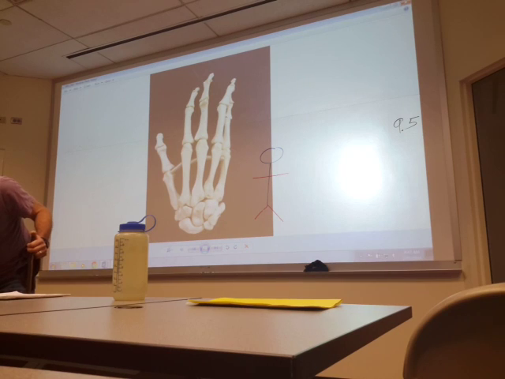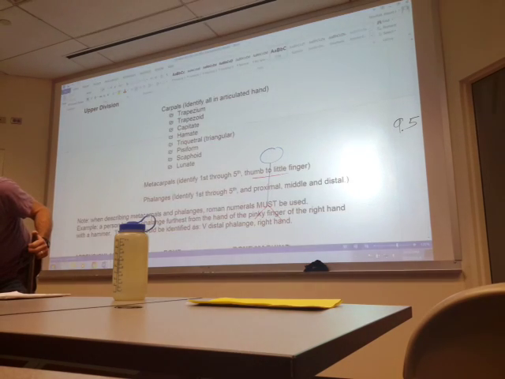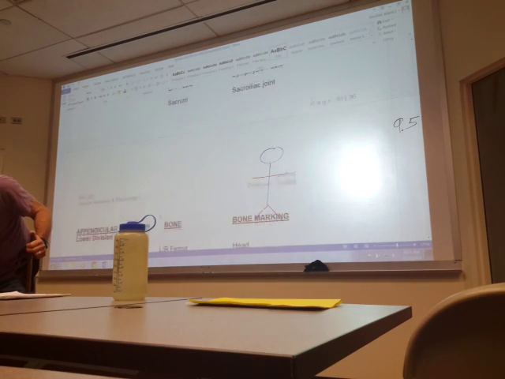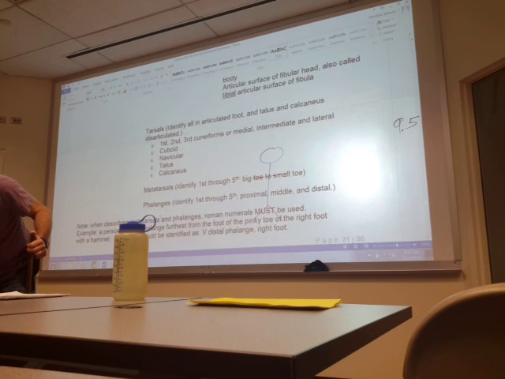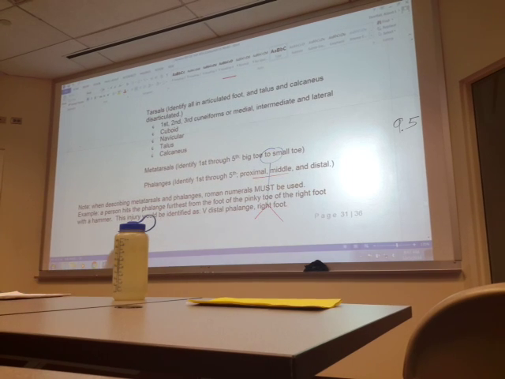Let's see. Tarsals: identify all in articulated foot, and talus, or talus, you'll hear it pronounced both ways. Talus and calcaneus disarticulated.